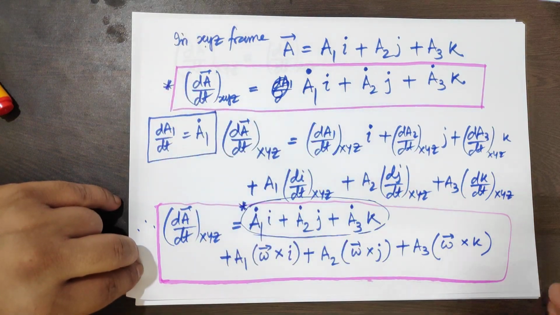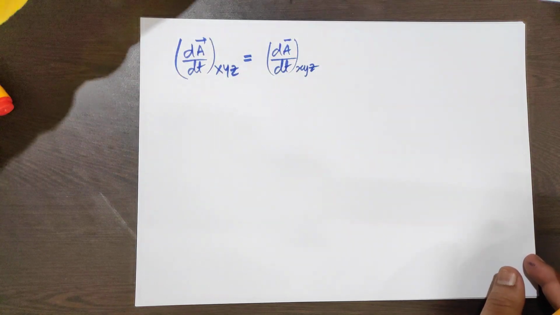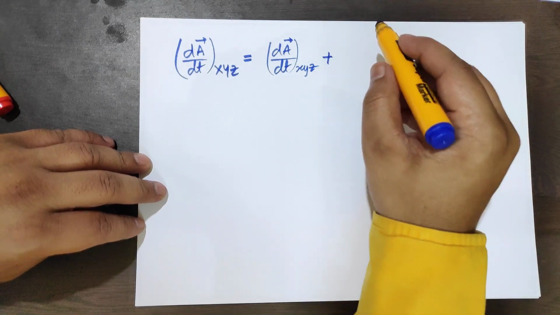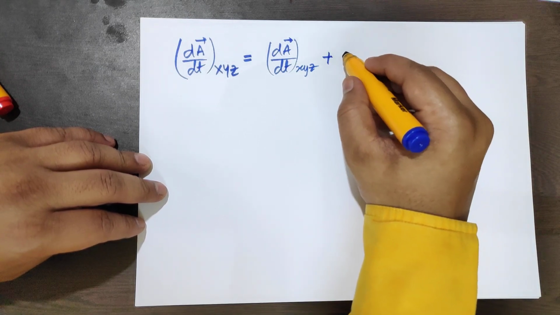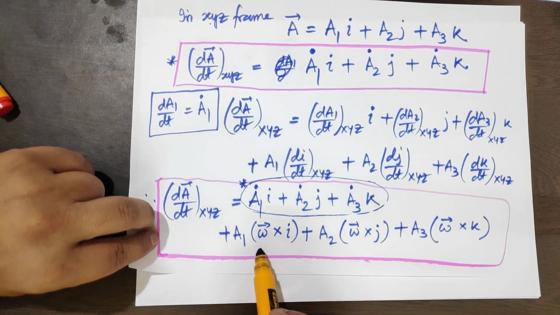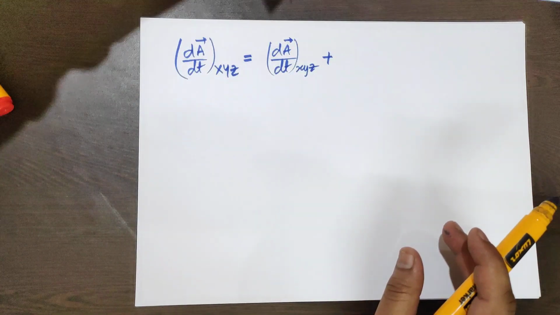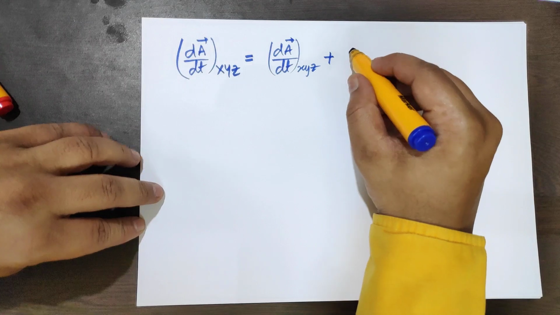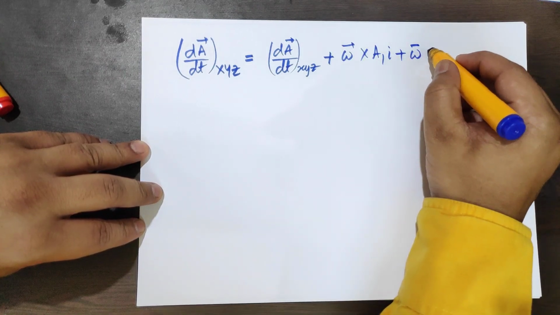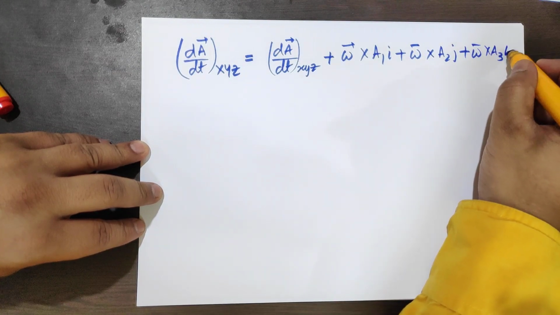So that's dA/dt with respect to small xyz plus this term, which we can write as omega cross a1 i, where a1 is a scalar, plus omega cross a2 j plus omega cross a3 k.